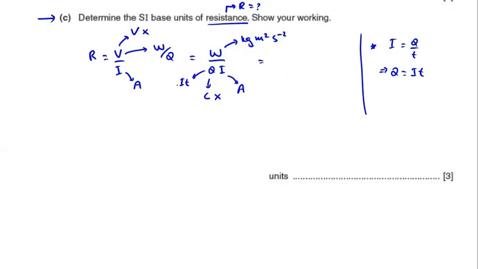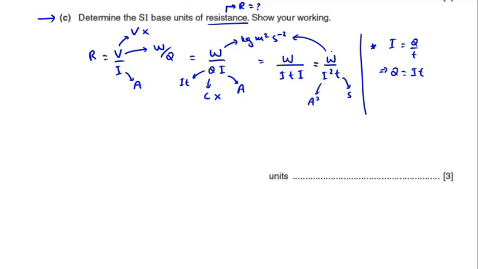Now replacing Q by its expression It gives W over I times It, which simplifies to W over I squared t. Now students, in this expression, W is energy and its SI base units are kilogram meter squared per second squared. I is current and its SI base unit is ampere. So SI base unit of I squared should be ampere squared, and SI base unit of time is second.